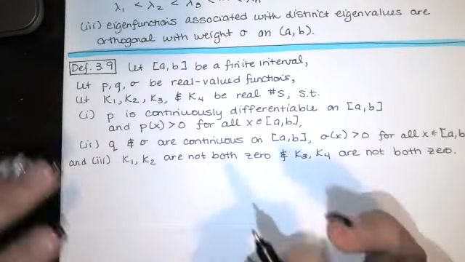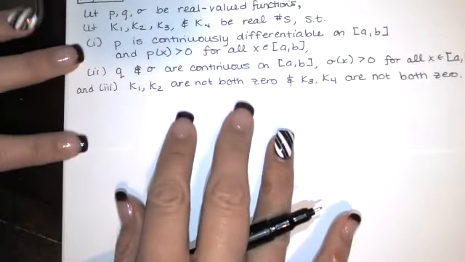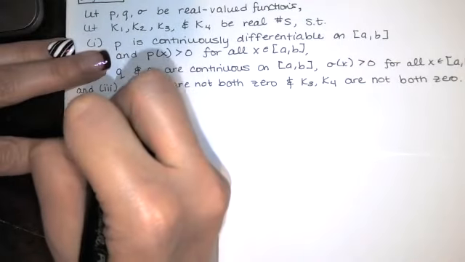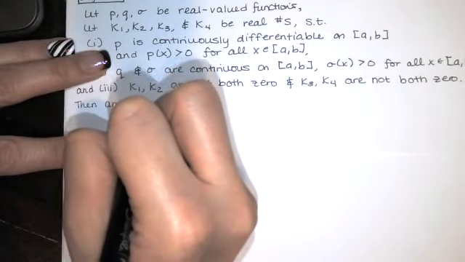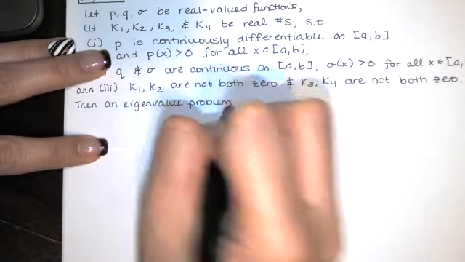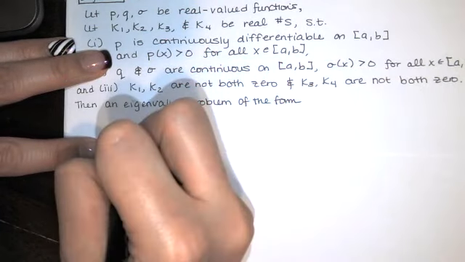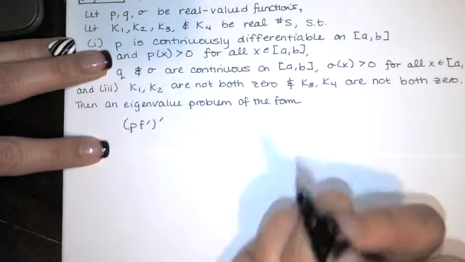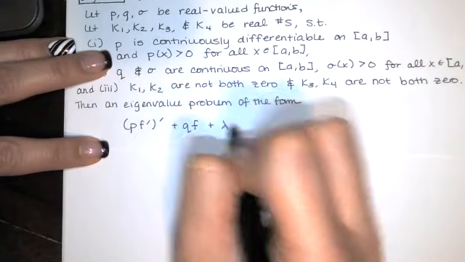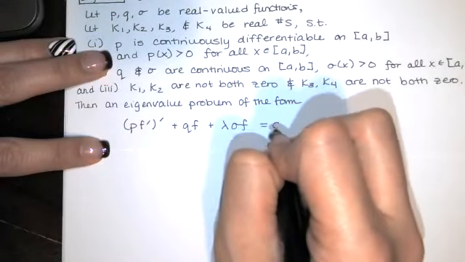Then a particular eigenvalue problem of a certain form is a Sturm-Liouville problem. So we've got P times F prime, that product prime, plus Q times F, plus lambda times sigma times F. Those are all functions of X. We set that equal to 0.